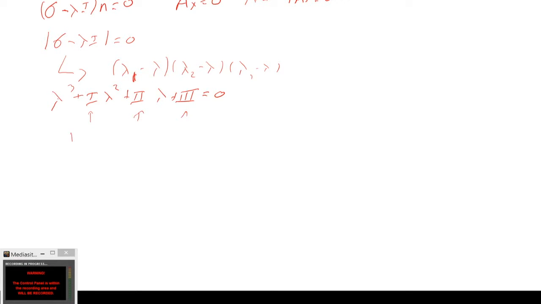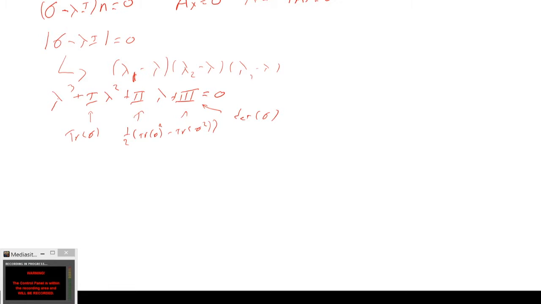This is the trace. This is that 1/2 trace of sigma squared minus the trace of sigma squared. And this is the determinant of sigma. But we'll come back to that in a minute.